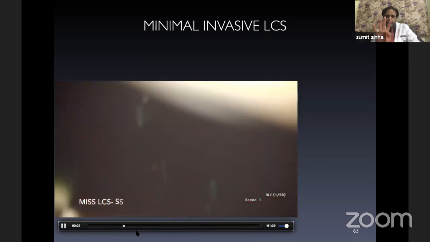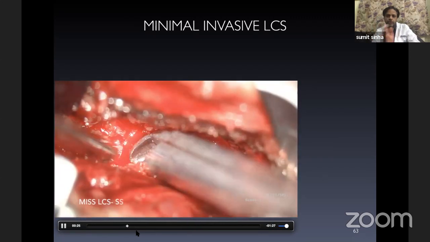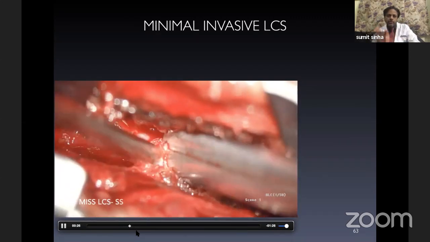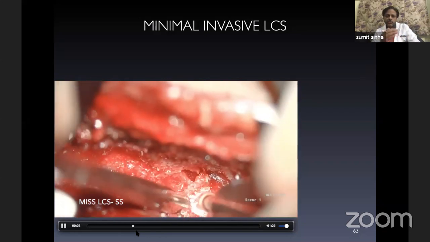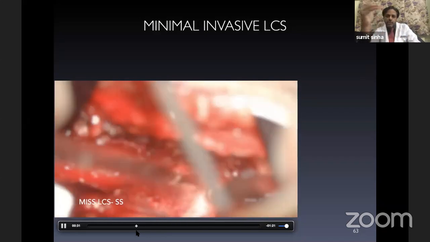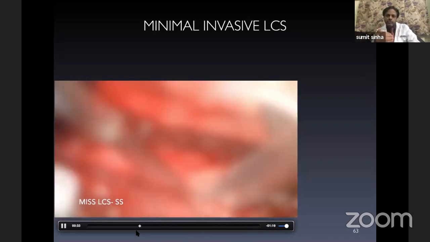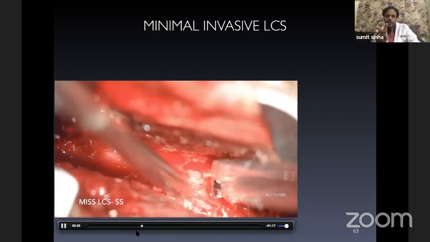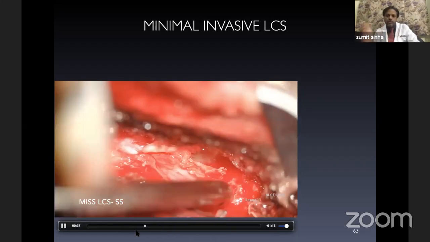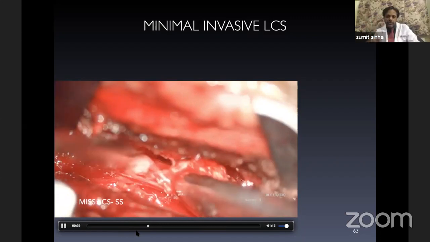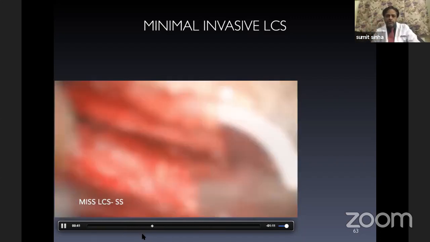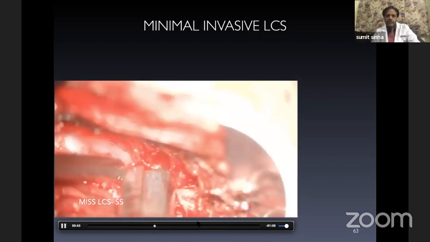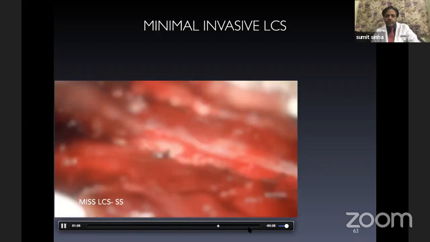So there were 4 levels, so you require 2 ports, and mind it, you can do a contralateral decompression through a uniportal technique also. So a total of 2 ports doing 4-level decompressions on both sides, you can end up achieving this. And you see that at the end of the procedure, it's been completely decompressed.